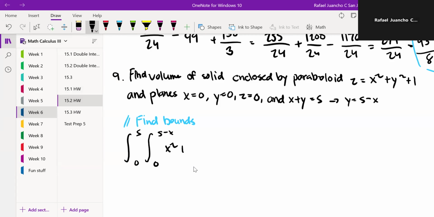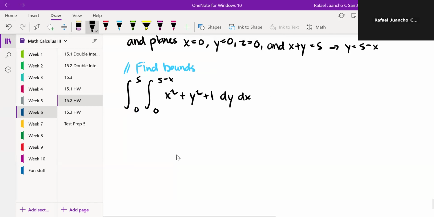And then my function is just this, dy dx. Right? And so from there, I just evaluate the integral. Okay, so here I'm just going to go with the inner integral.